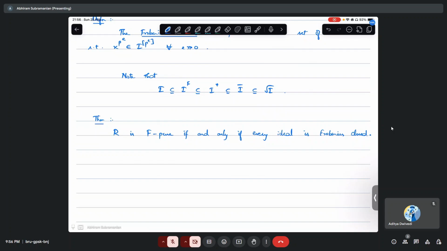This is sort of analogous to the F-regularity we have seen before: weakly F-regular if and only if every ideal is tightly closed. So now what does this theorem say? It says weakly F-regular rings are F-pure.